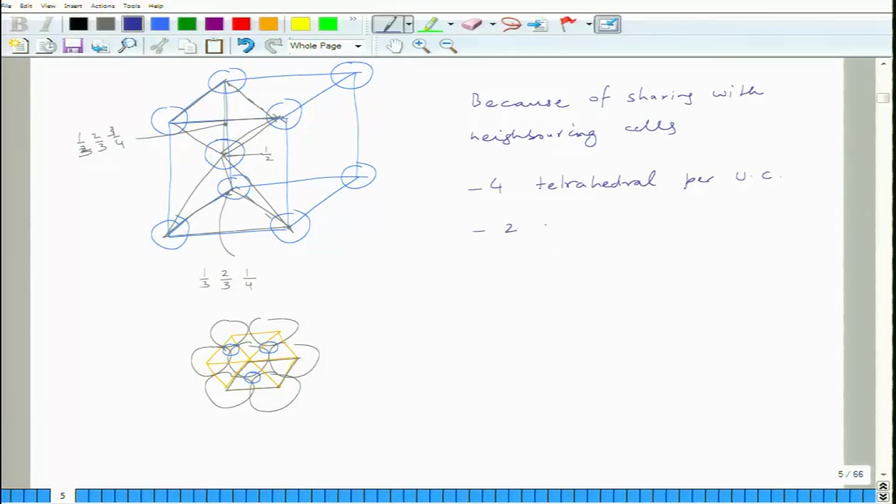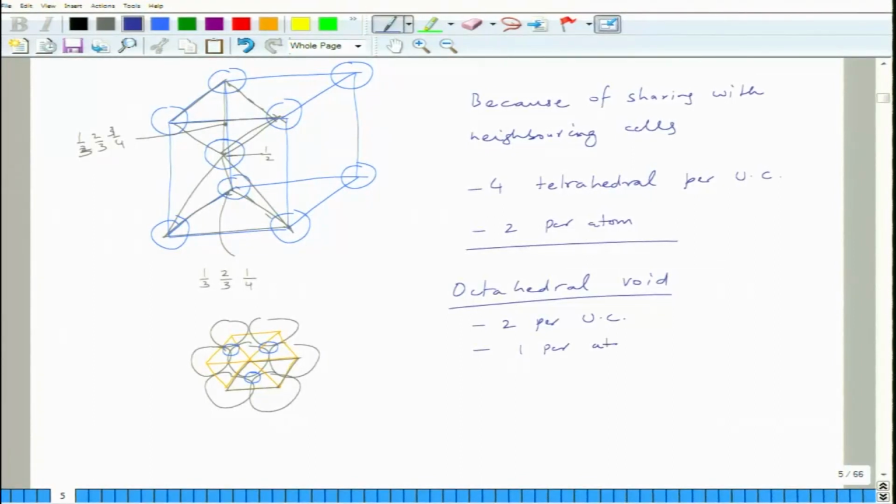As a result, it is 2 per atom. Similarly, octahedral void is 2 per unit cell or 1 per atom.